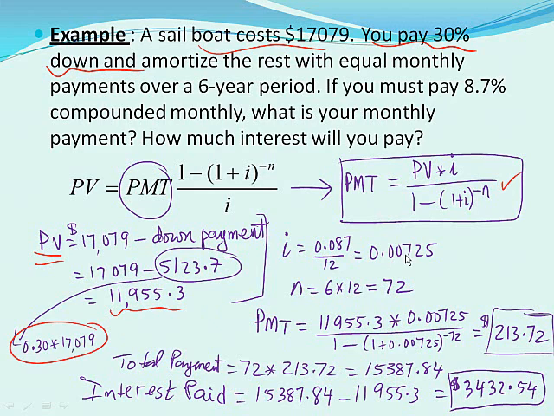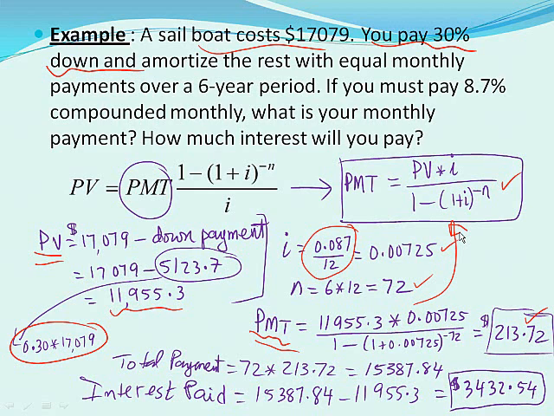I value is 0.00725, converting 8.7% into a monthly rate. Total payments will be 6 years, so it will be 6 multiplied by 12, 72 payments. So the monthly payment is going to be 213.72. That is substituting back here.